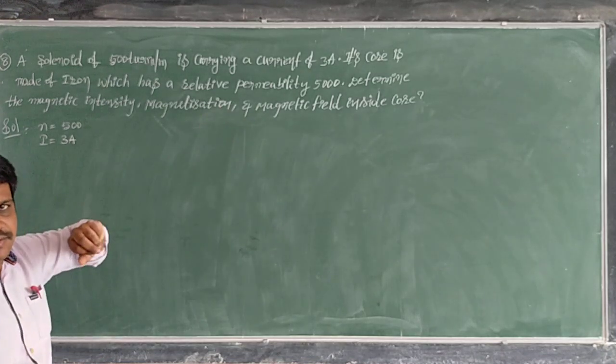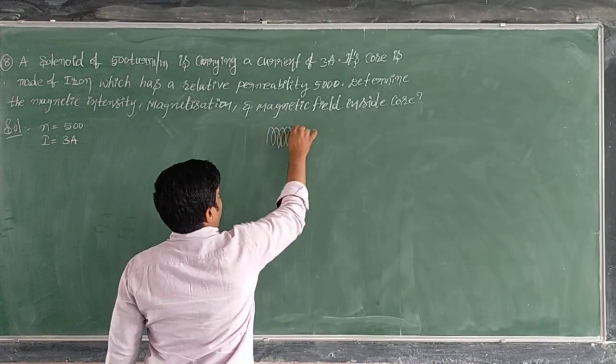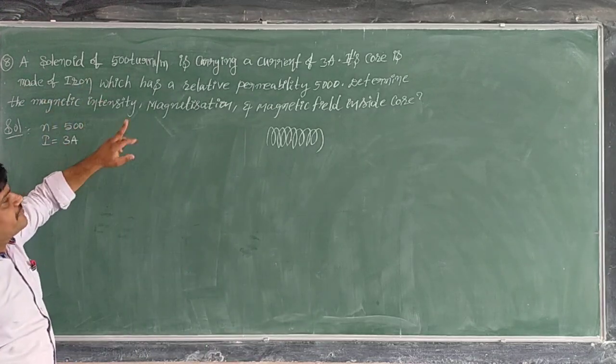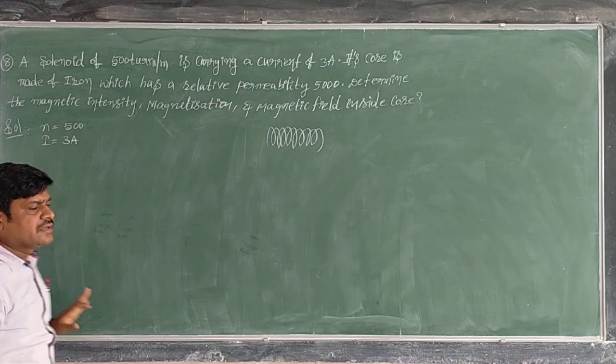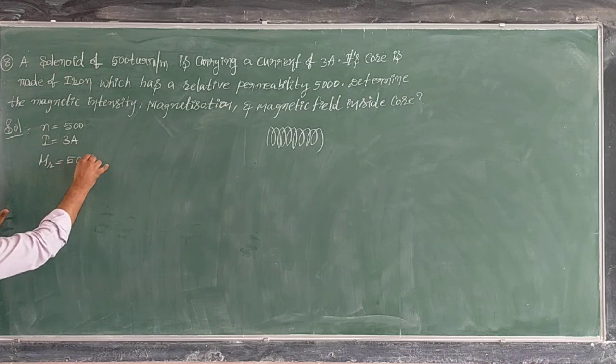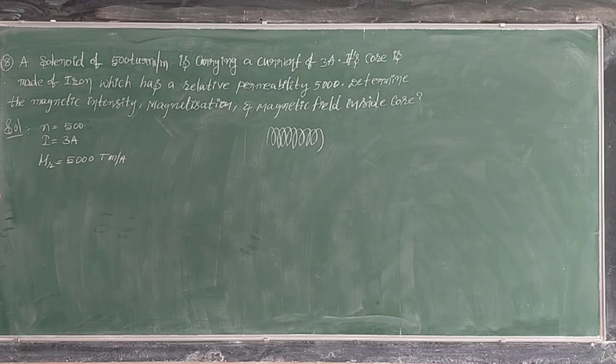Its core is made up of iron, which has relative permeability of 5000. Then determine the magnetic intensity. Magnetization, that means capital M, is question mark, and magnetic field B also question.